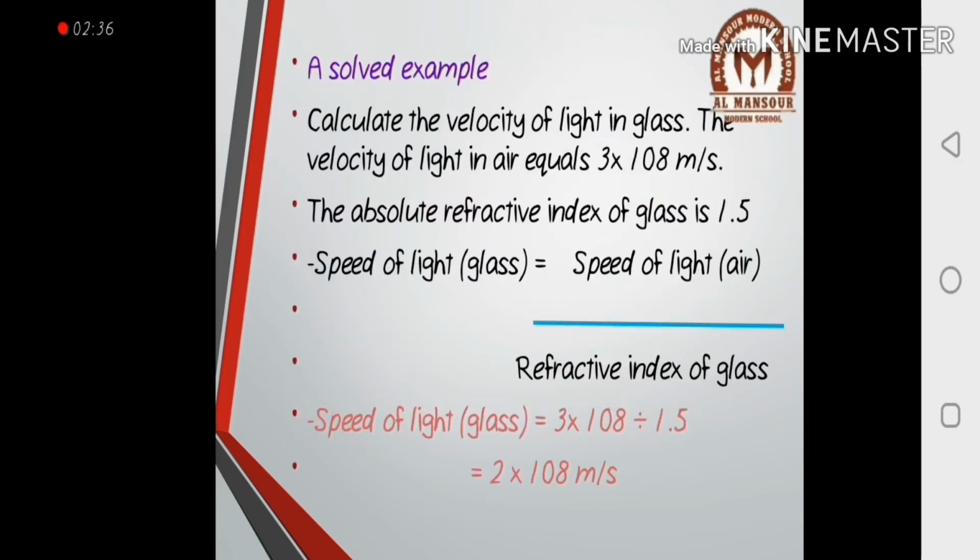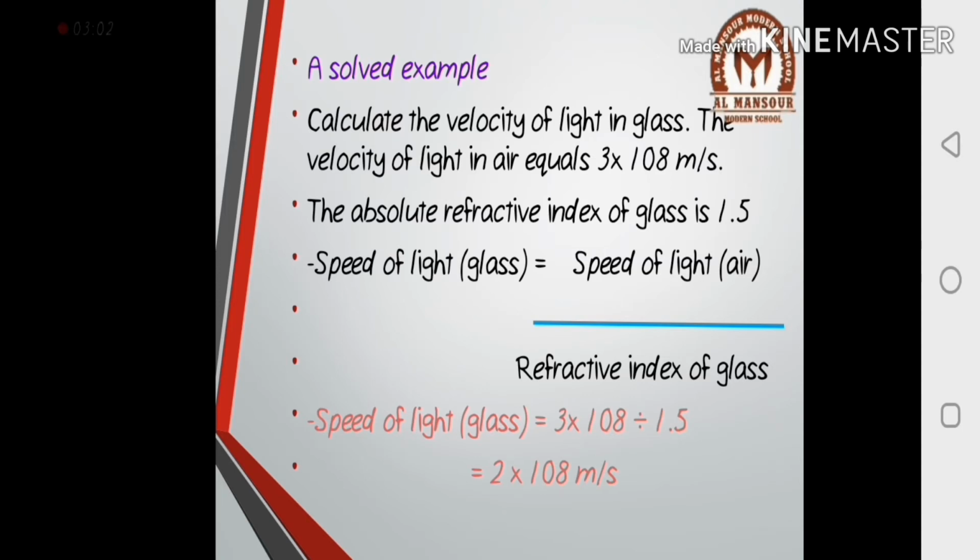An example for this law: calculate the velocity of light in glass, knowing that the velocity of light in air equals 3 times 10 to the power 8 meters per second, and the absolute refractive index of glass equals 1.5.